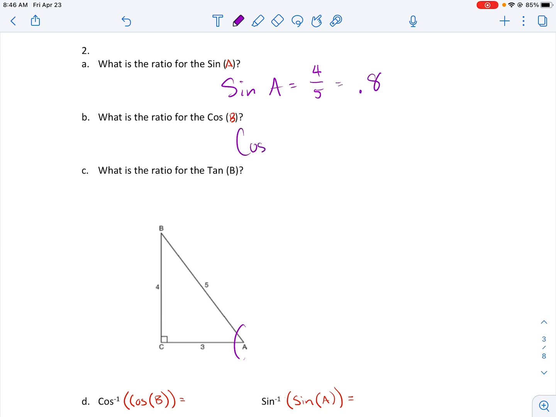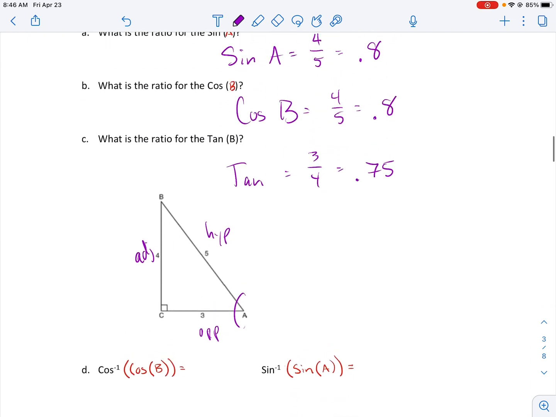Okay, cosine of B, which is adjacent over hypotenuse, 4 over 5. Again, 0.8. The tan of B, okay, so opposite over adjacent, all right, so 3 over 4, which is 0.75.